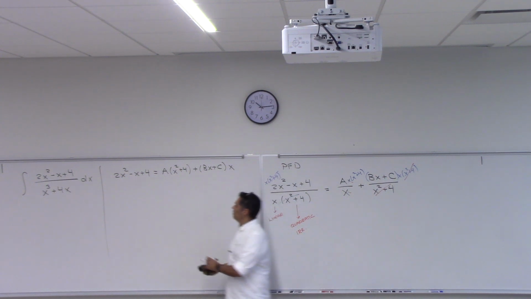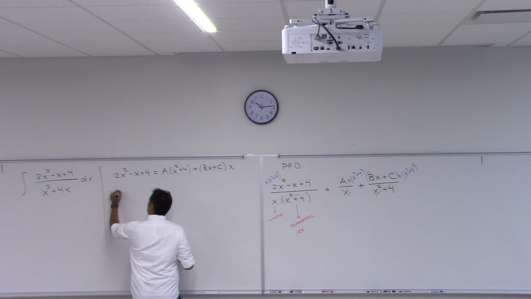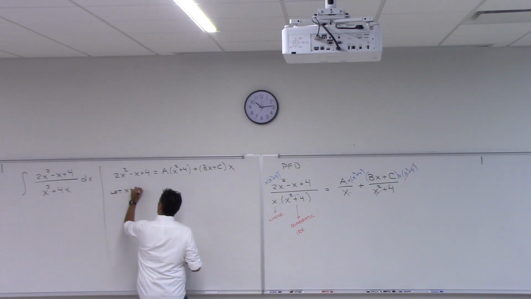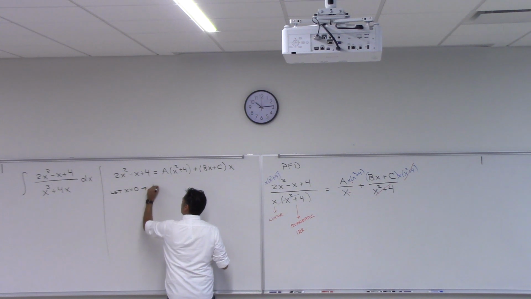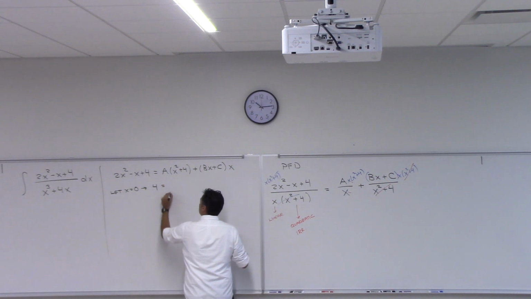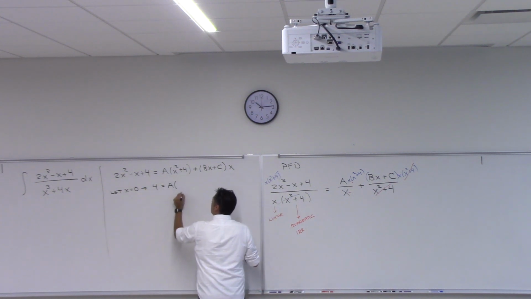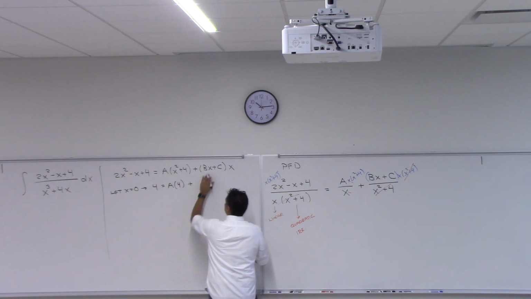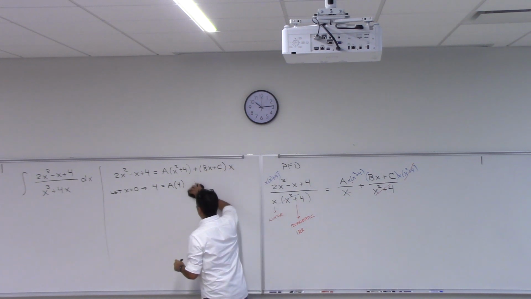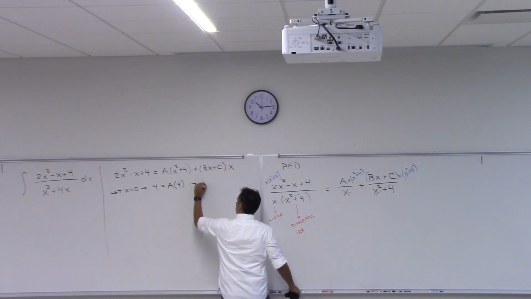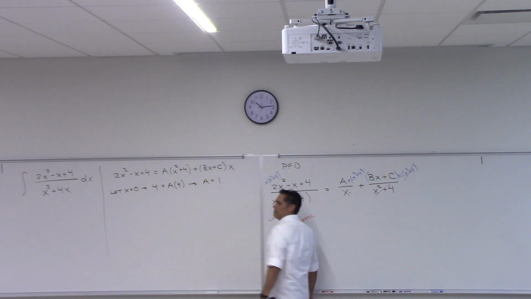Shall we? Let x be 0. Okay, what does that become? 4 equals, okay, what does this become? A times 0 plus 4, okay, 4, and then over here plus, this was gone, isn't it? That's 0, 0 times that, it's 0, so it's gone. And then you can tell me now A is 1, right? Yes.